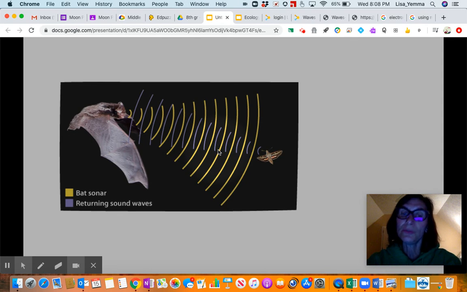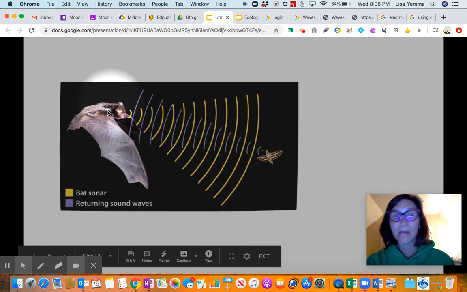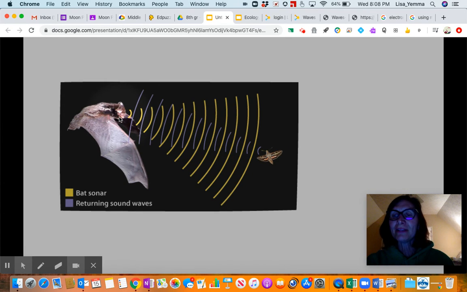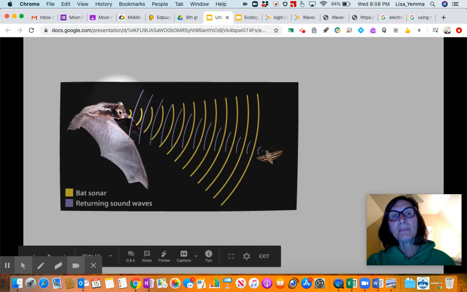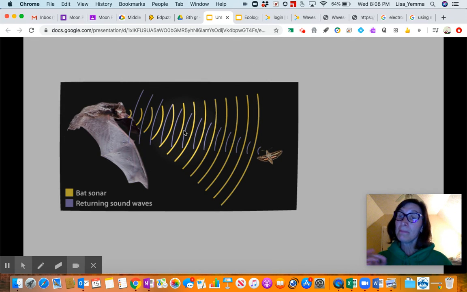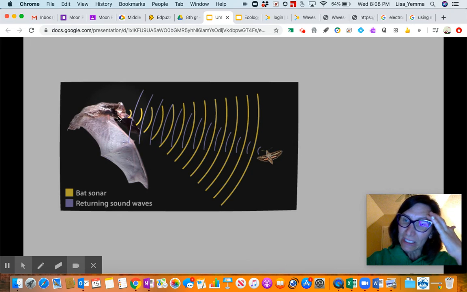Another technology use of reflection with sound is the bat sonar. The sonar is sound. The bat is actually emitting a sound, and that sound wave, this big yellow sound wave, leaves the bat, travels through air, the medium, hits an object, and bounces back. It's spectacular, the biological evolution of bats and other organisms that use echolocation sonar to be able to not only detect prey, but possibly predators, and then obstacles.